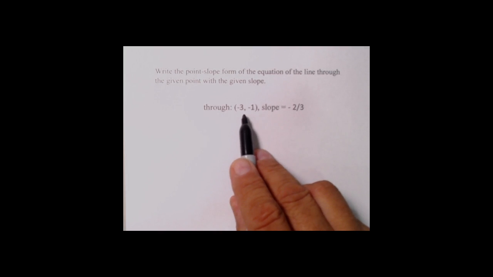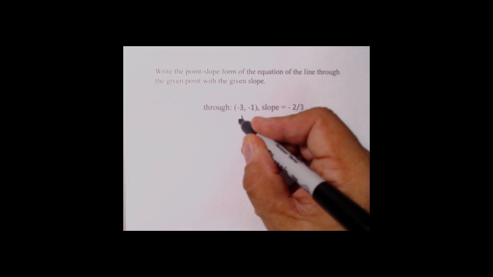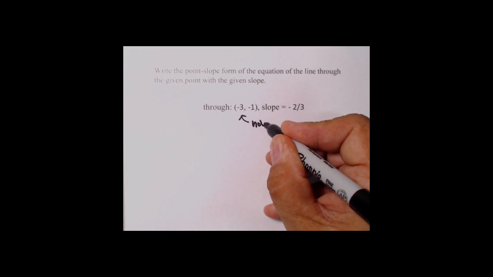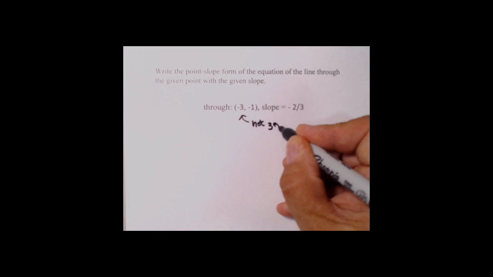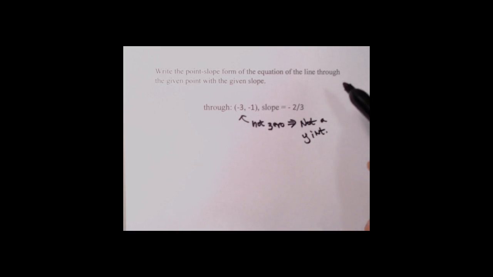To be a y-intercept, x would have to be 0. So since this is not 0, that means it's not a y-intercept. Well, that being the case, we can't use good old y equals mx plus b. We've got to use the point slope form no matter what.